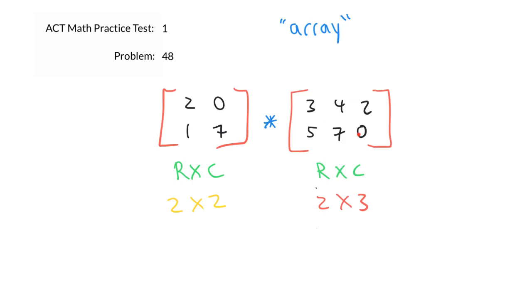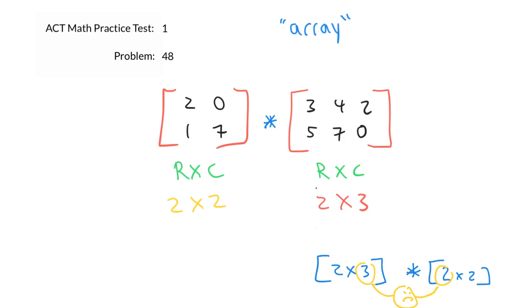But if this one was listed first and multiplied times the other, that wouldn't work, because you'd have a 2 by 3 matrix times a 2 by 2, and in that case these would not match.